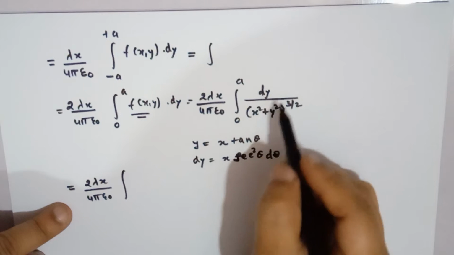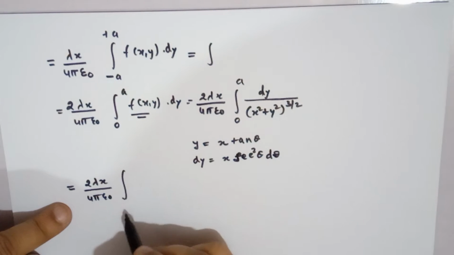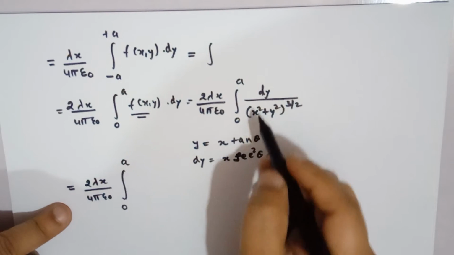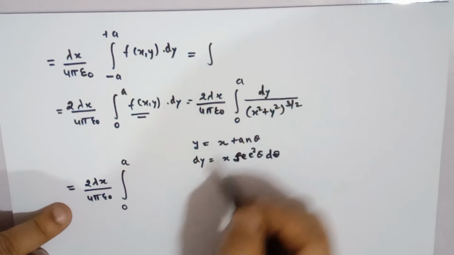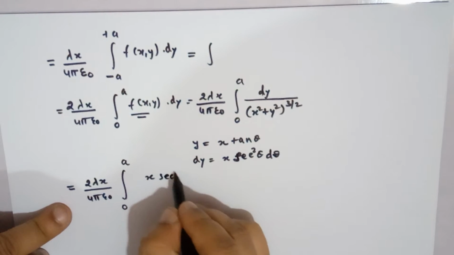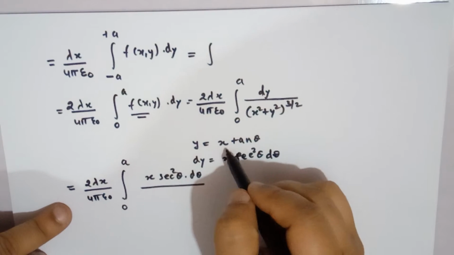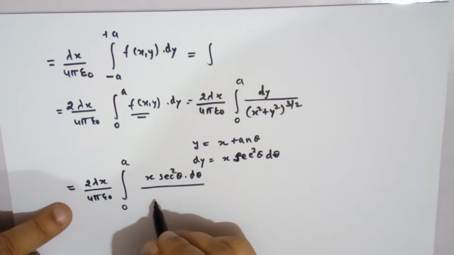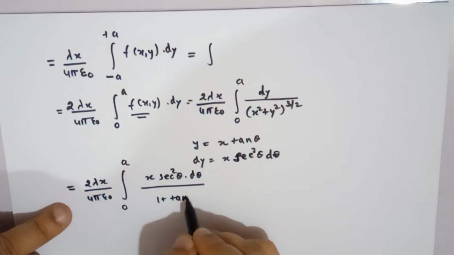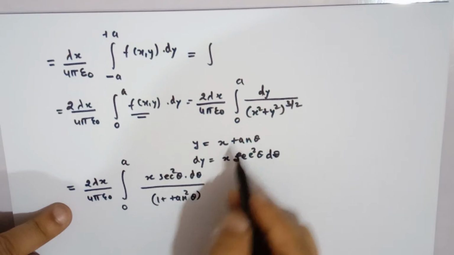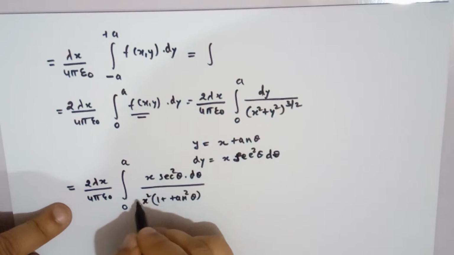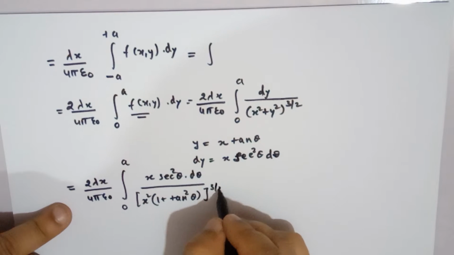So that particular thing can be written as 2 lambda x divided by 4 pi epsilon naught, and you can put this value here, 0 to a, and dy is basically x into sec square theta d theta, and when you put y equal to x tan theta, that becomes 1 plus tan square theta. You can take x square common, and the power is 3 by 2.